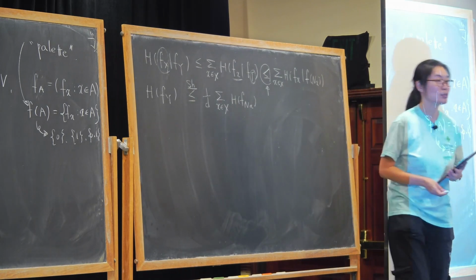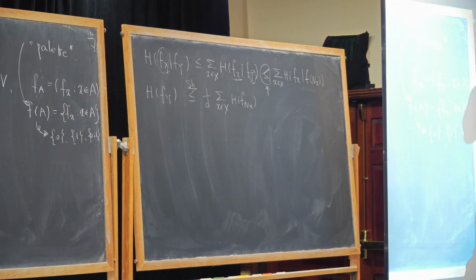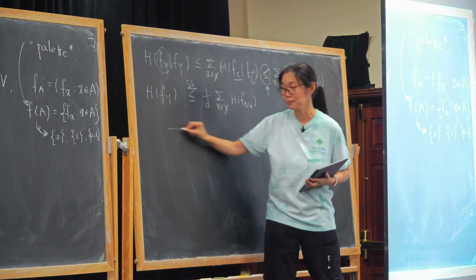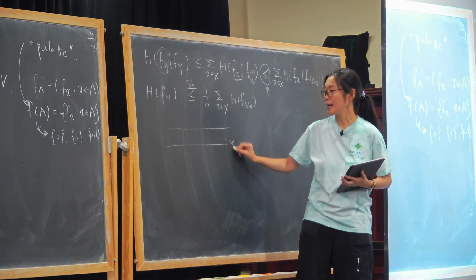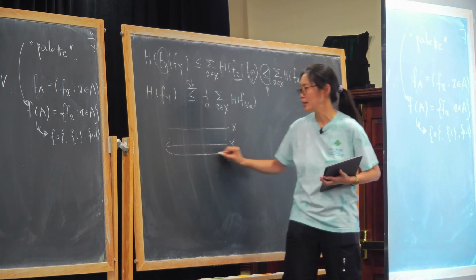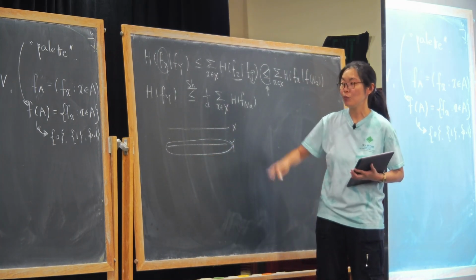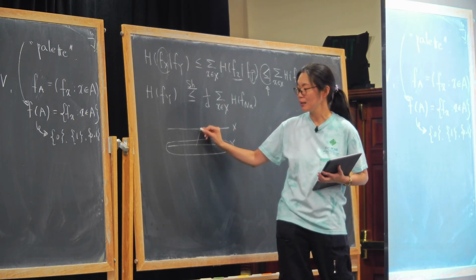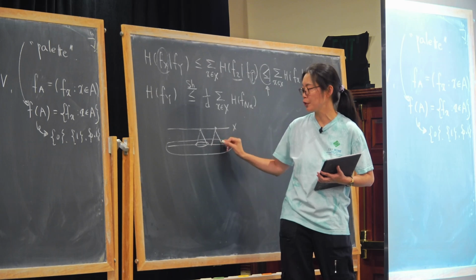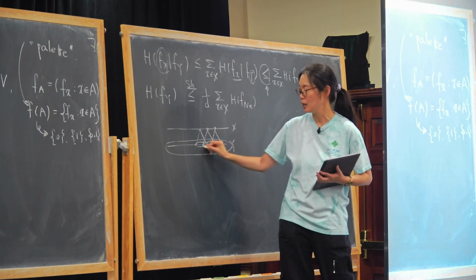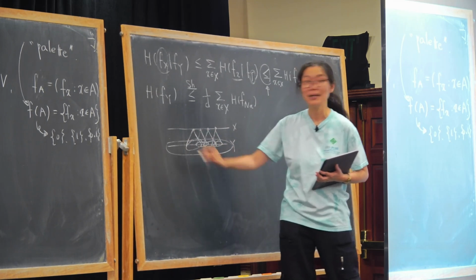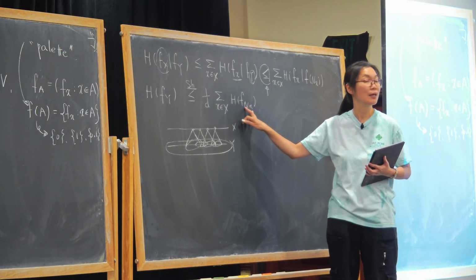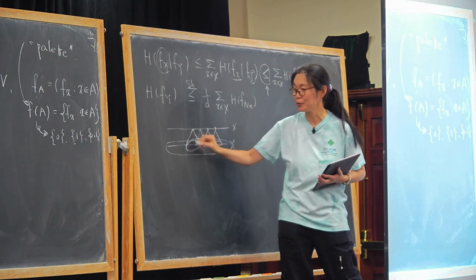This is the result of applying Shearer's lemma, and this is because, so this is y and this is x, and now we cover the part y using the neighborhood of each vertex in part x, like this. And then we consider the entropy of each group, where each group consists of the neighborhood of a vertex in x.